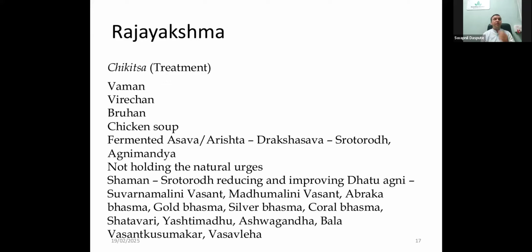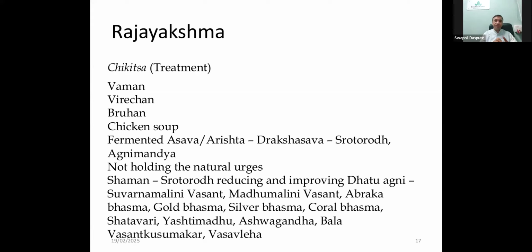Now coming to treatment: Vamana, Virechana, Bruhana, chicken soup. Let us start with Vamana first. We have seen this in the past as well. Whenever we have to do Shodhana Upakrama, Shodhana is the cleansing process, Panchakarma, especially Vamana and Virechana, the strength of the patient has to be sufficient and adequate in order to bear whatever physical strain it takes to undergo this process of cleansing.